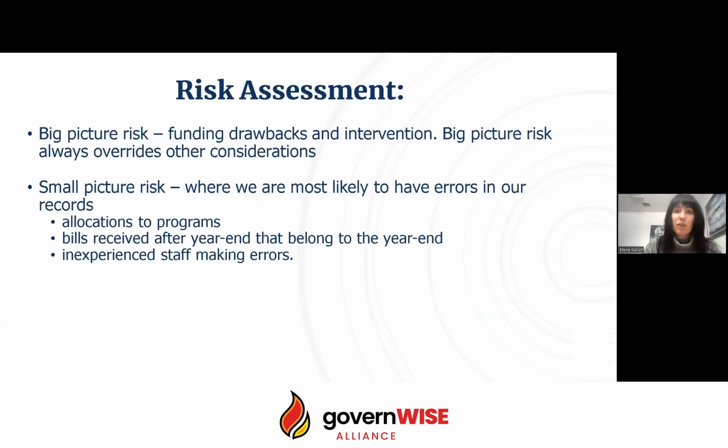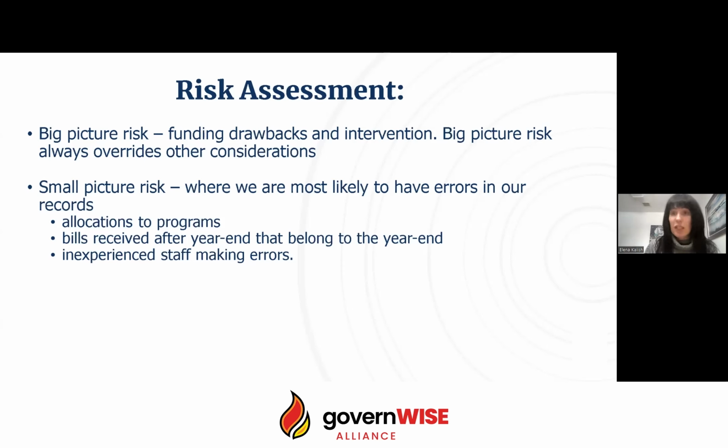So we talked about risk assessment, right? And in a risk assessment, it's needed so we can allocate our efforts accordingly. So if something is risky and it's really important, we want to spend more time on it. If something is risky but not so important, maybe we spend less time on it.